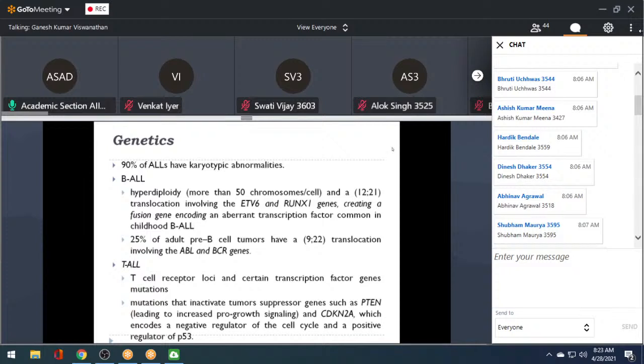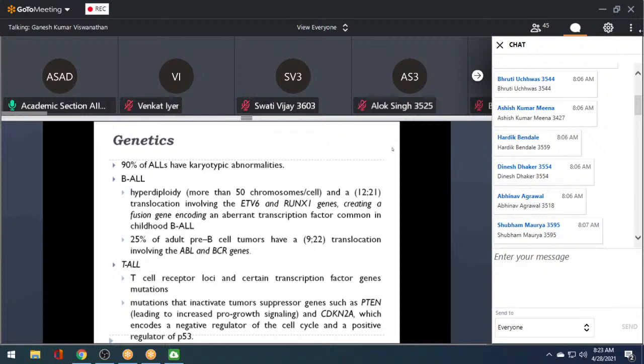So what is hyperdiploidy? It is an increase in the number of chromosomes per cell. Normally we have 46 chromosomes, so 23 pairs of chromosomes. When the numbers are increased, the whole chromosomes are present in extra numbers. So this leads to what we call hyperdiploidy.